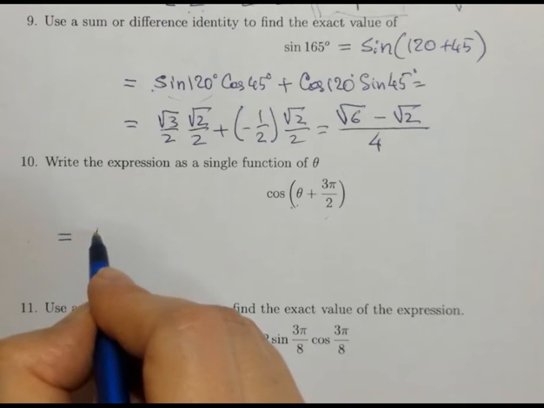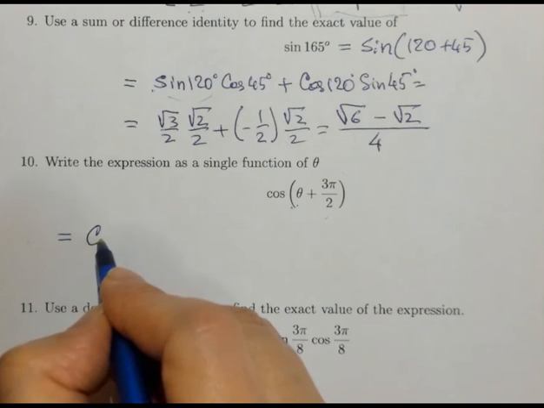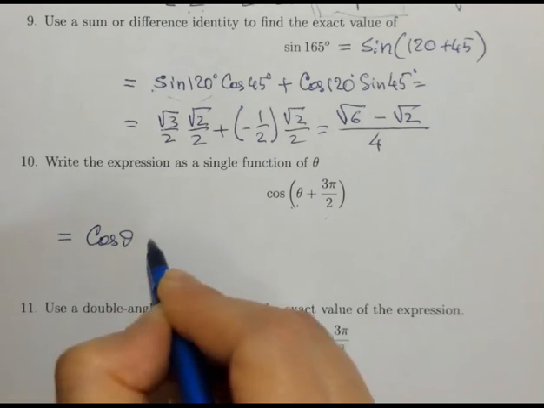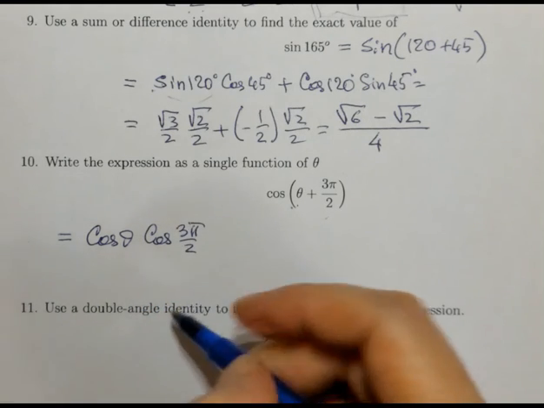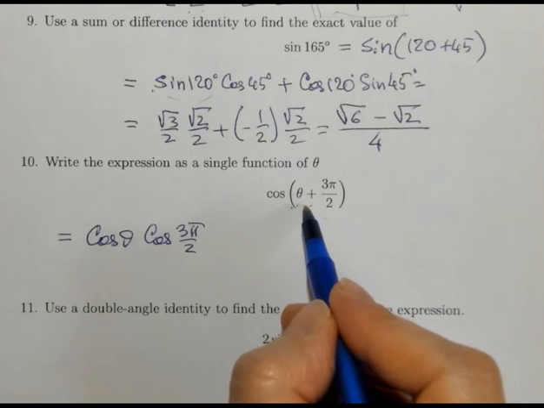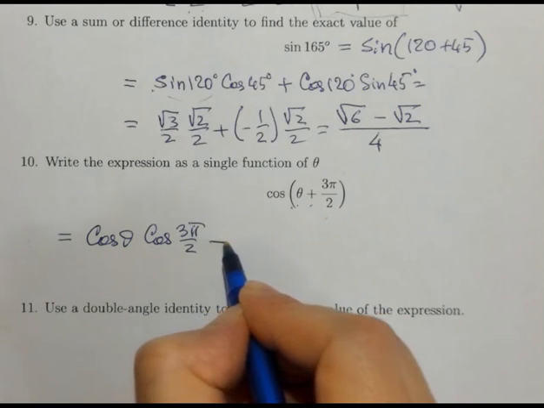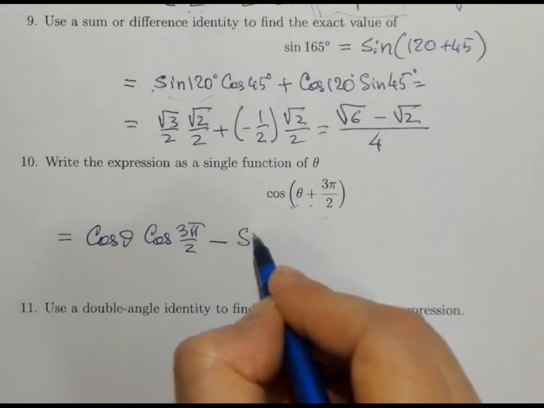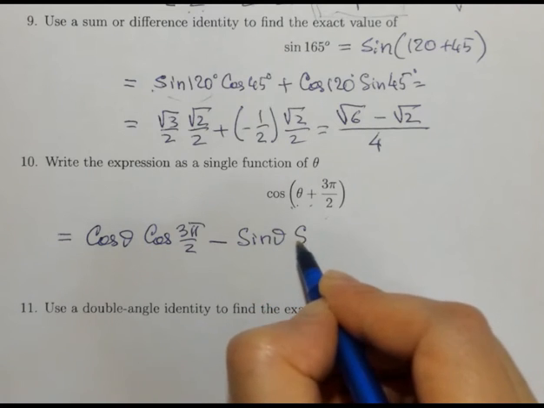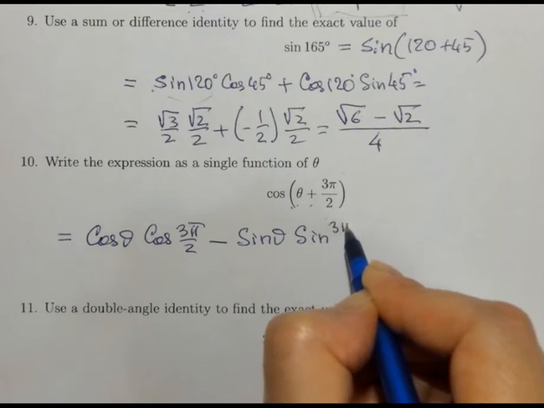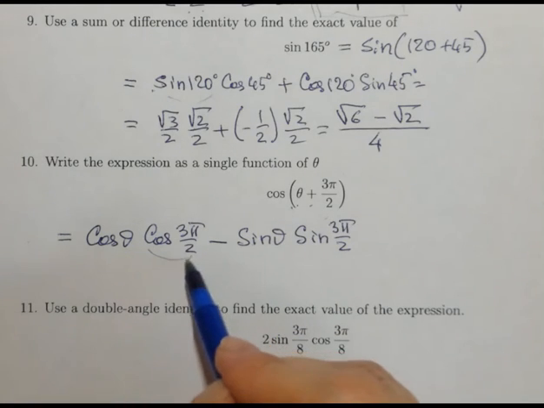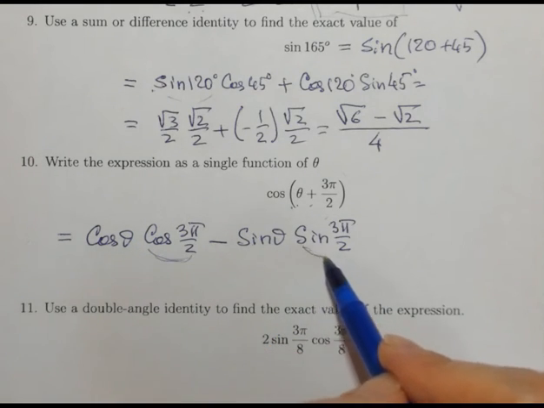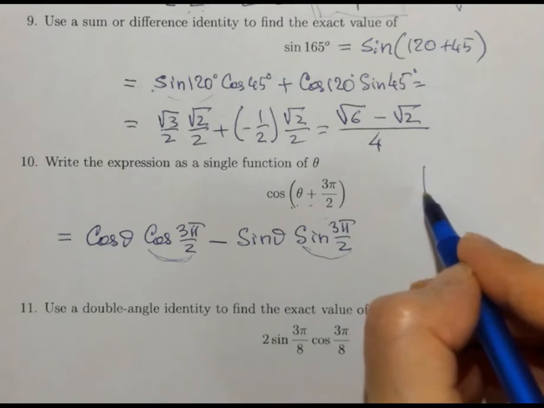The first term is the product of cosines, cosine theta times cosine 3 pi over 2. In the cosine sum formula, we have minus the product of sines, sine theta times sine 3 pi over 2. We can find sine and cosine of 3 pi over 2 on the unit circle.